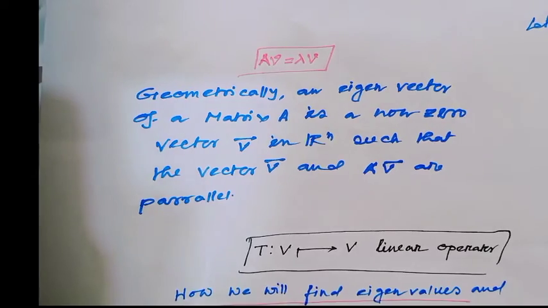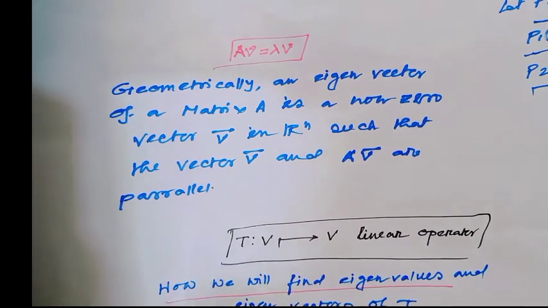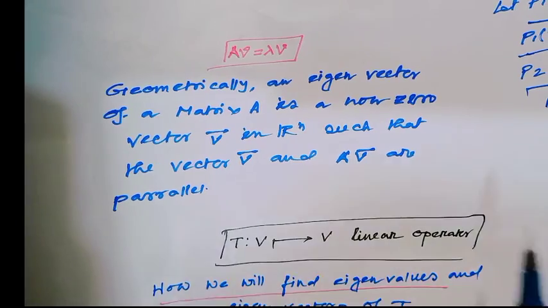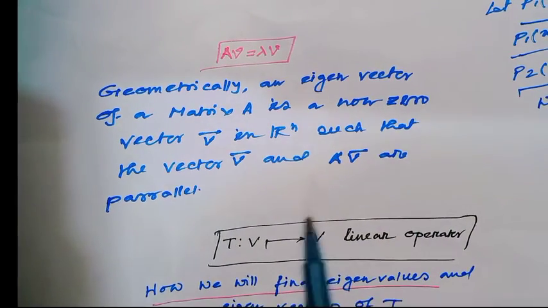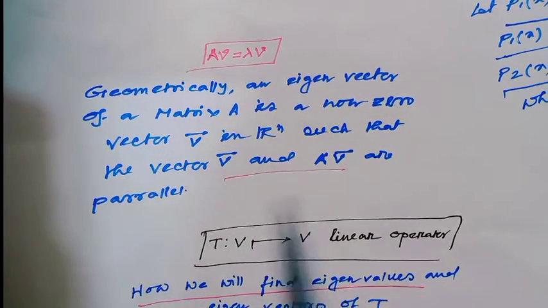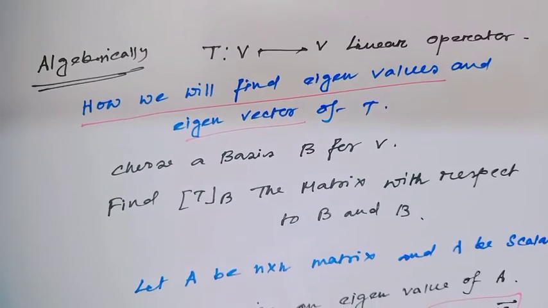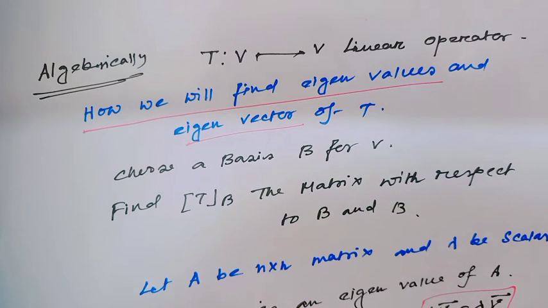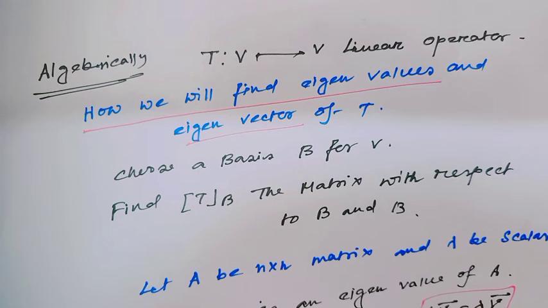Geometrically, an eigenvector of a matrix means a non-zero vector in Rn such that the vector V and AV are parallel to each other. And algebraically, how will we find the eigenvalues and eigenvectors of a linear operator?